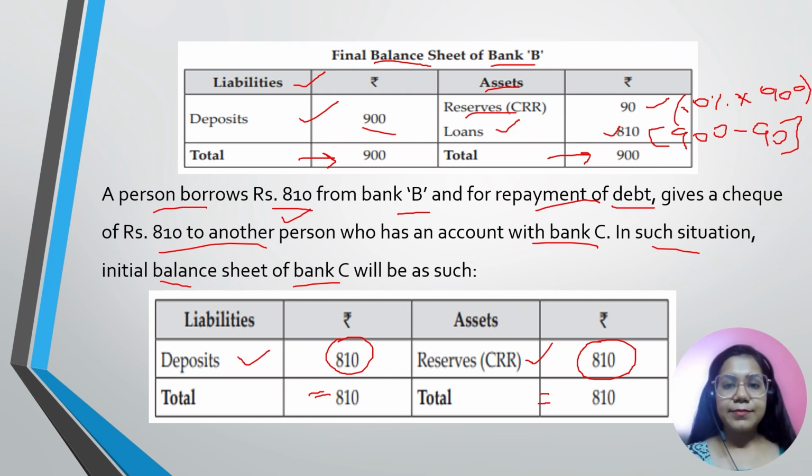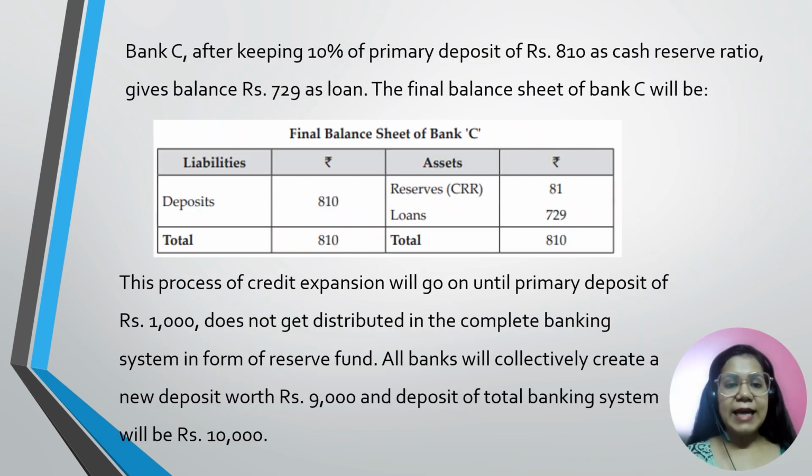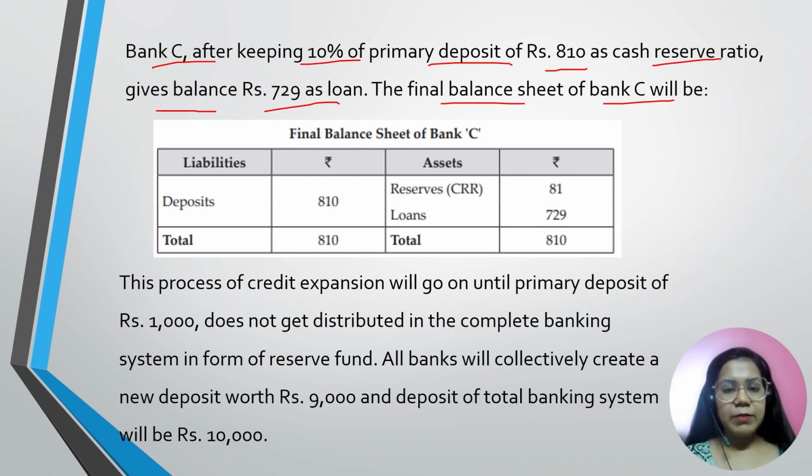So bank C, after keeping 10% of the primary deposit of 810 rupees as cash reserve ratio, or we can say the cash reserve fund, will give the balance, rupees 729, as loan. So the final balance sheet of bank C will be what? On the deposit side it got 810 rupees. From that it kept 10% of 810 rupees as cash reserve fund because that is the CRR, which is 81 rupees.